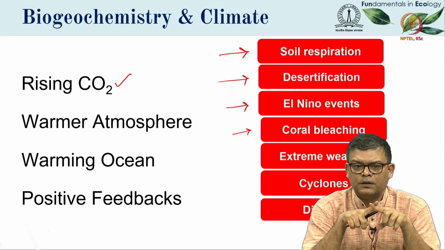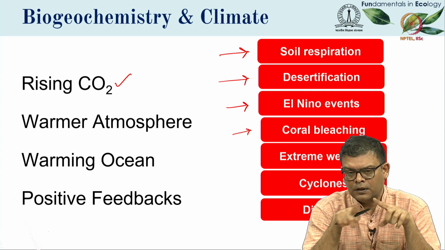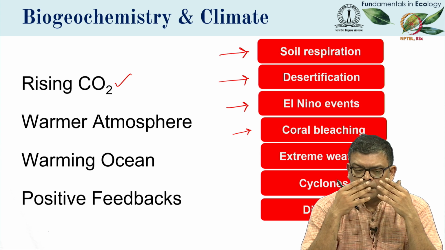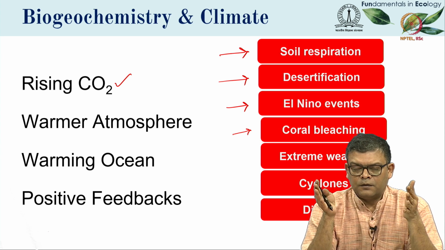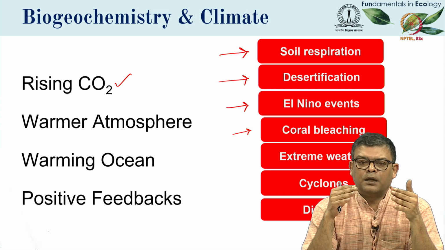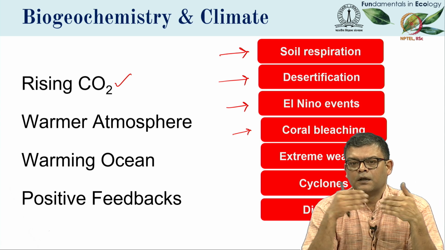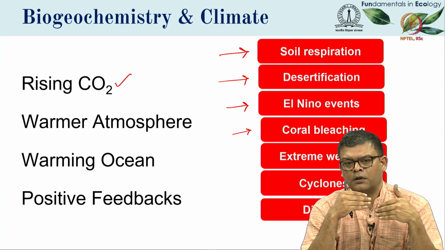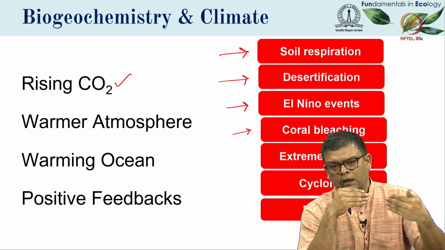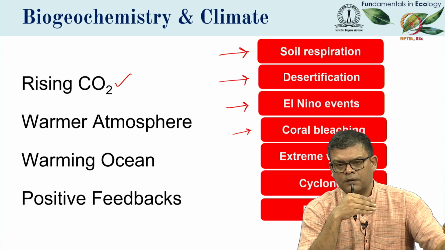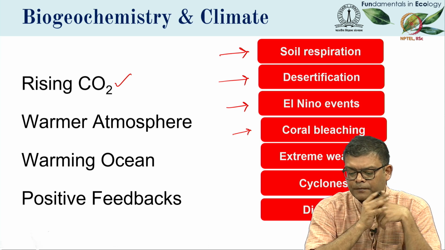So the algae, which is the symbiont, dies or is expelled from the coral, which means that the most productive ecosystem in the marine domain does not function properly for the next few years, and it's very difficult for coral to regrow because these El Nino events come more frequently than the rate at which the coral can recover.